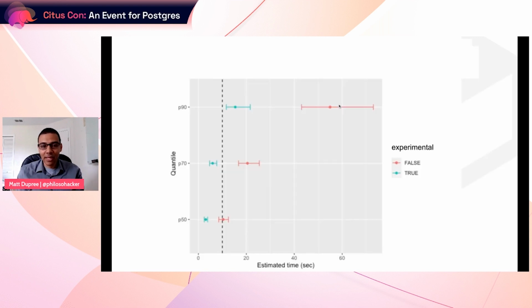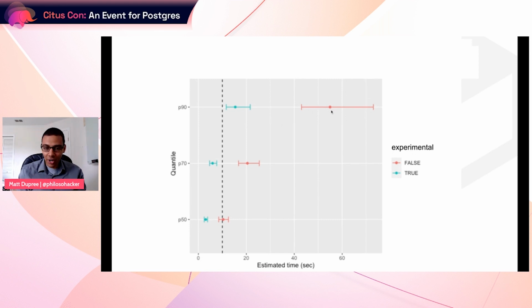And the next step for this was to apply these confidence intervals to our performance experiments. So what we're looking at here is a similar visualization where we're showing the confidence intervals for the performance of a control query, which you see in red on the right here, and then an experimental query, which you see on the left in green.